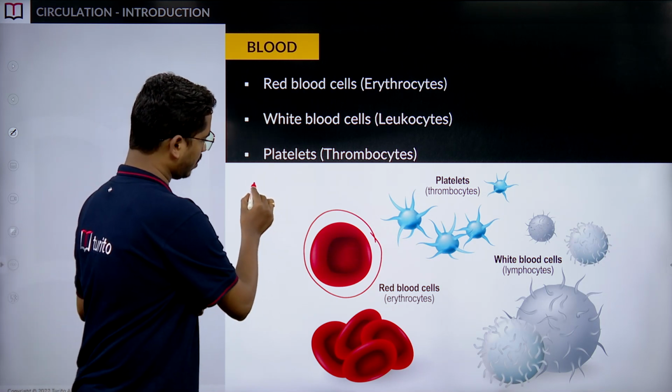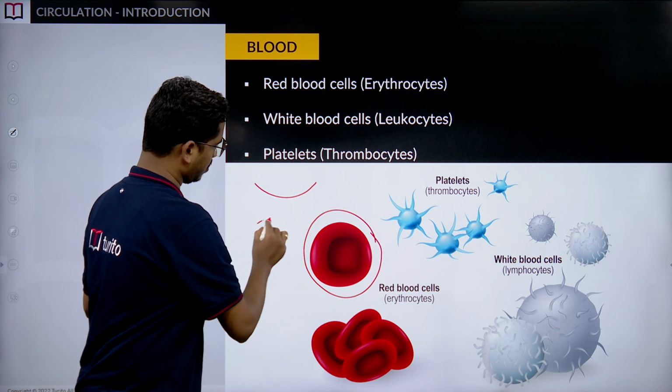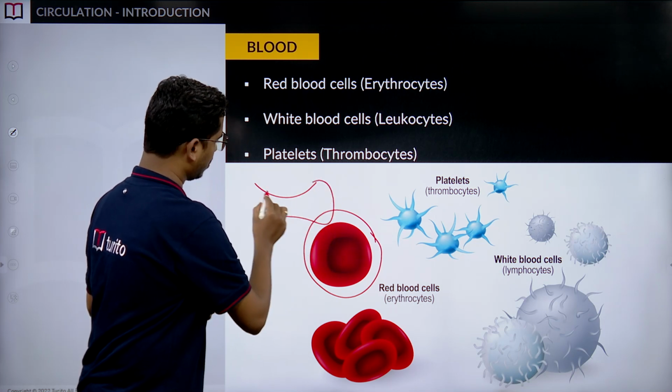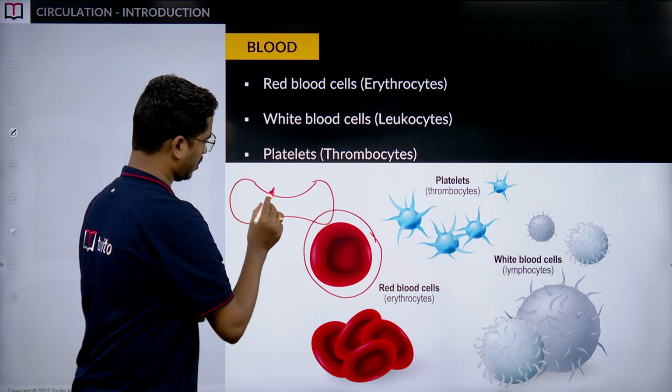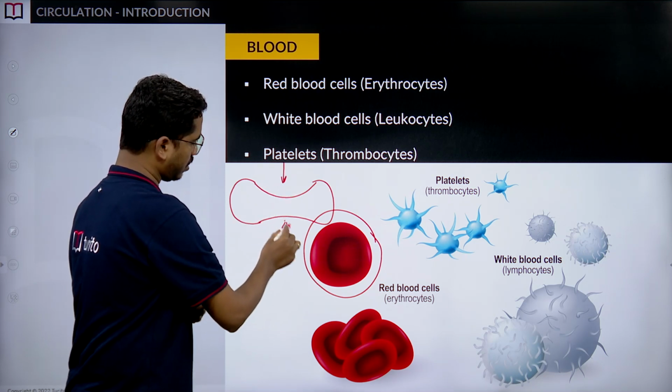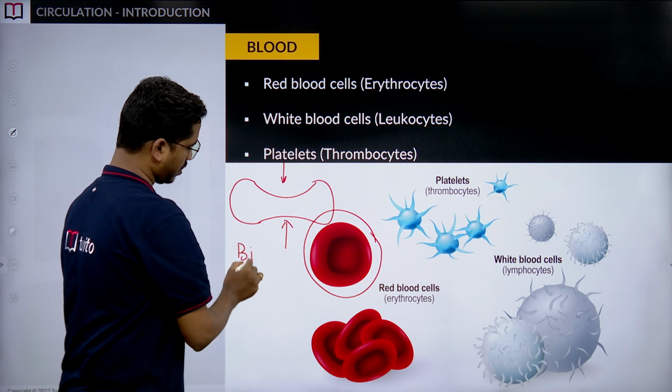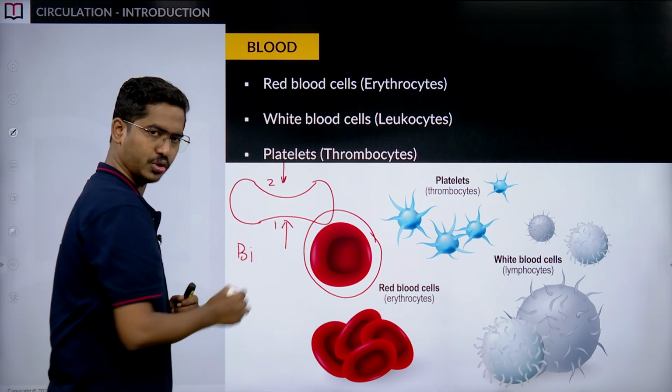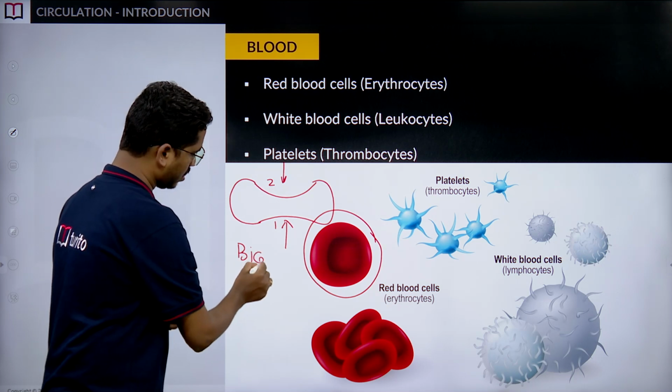So, if you try to have a look, it would look like this. So, this is the approximate way how the cells would look like. Either way you will see there is a biconcave shape. Bi means 2, 1, 2, okay, and concave.